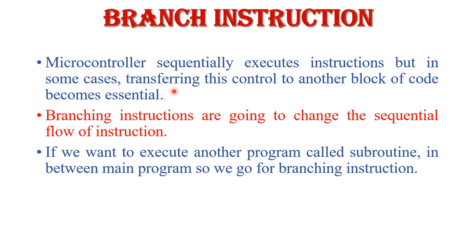Here I have written that a microcontroller sequentially executes instructions, but in some cases transferring control to another block of code becomes essential. So at this time we use branching instructions. Branching instructions change the sequential flow of instructions.